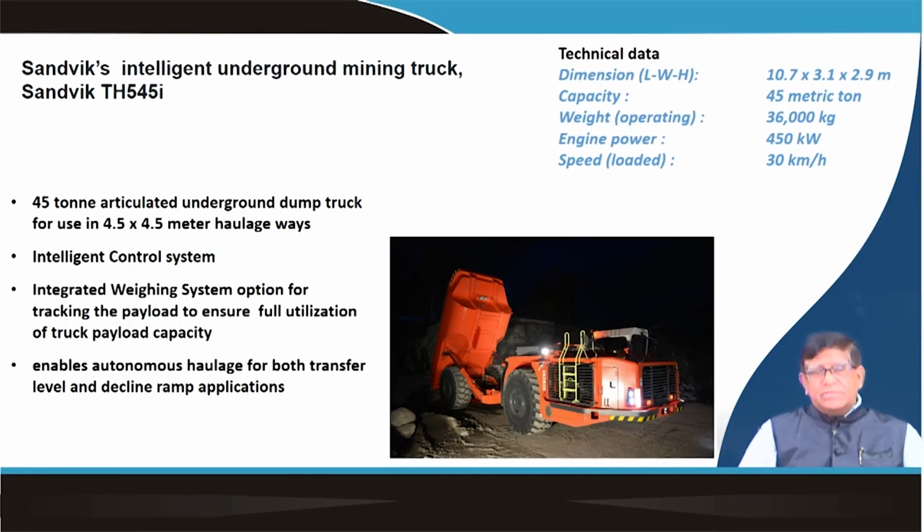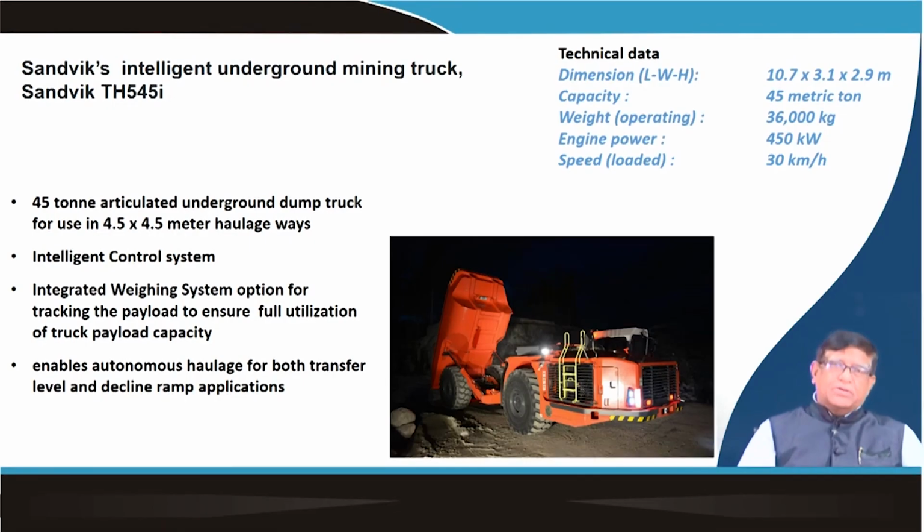The intelligent control system incorporated here is a special feature of this machine, and there is also an integrated weighing system. This option is there so that when the operator is operating it, the loading is controlled by the loader, so that the optimum amount of material is filled.